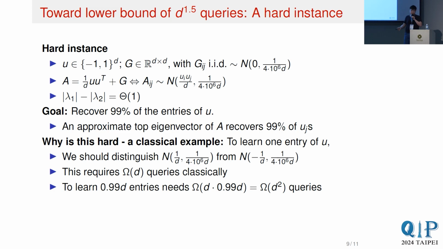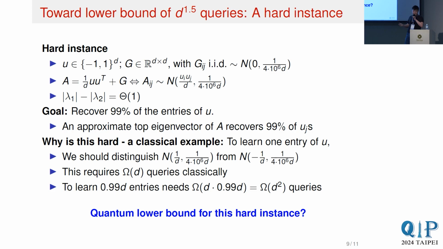And like I said, we want to learn 99% of the entries of U. So you will need to learn 0.99D entries, which takes you a D squared lower bound. Of course, you need a more careful argument, but for time reasons I will not mention it here. This is the high-level idea.